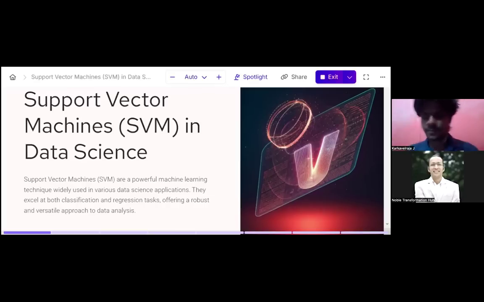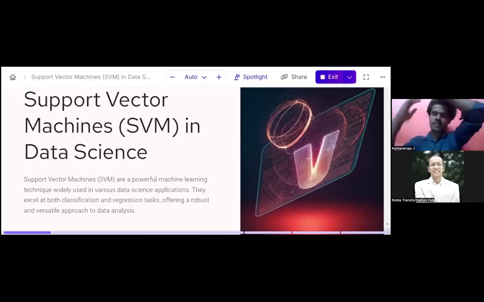So guys, we will be going through support vector machines today for data science. It is a powerful machine learning technique widely used for various data science applications.